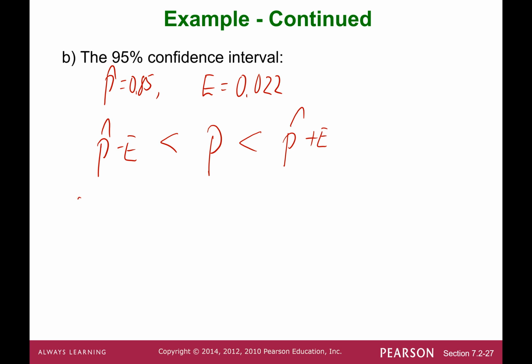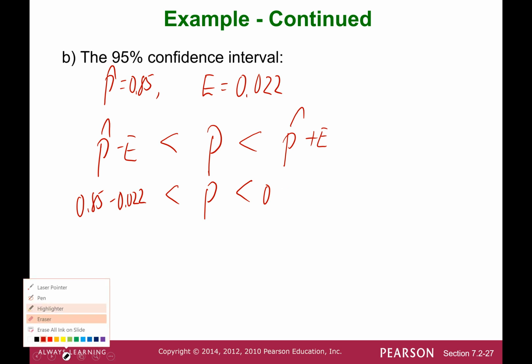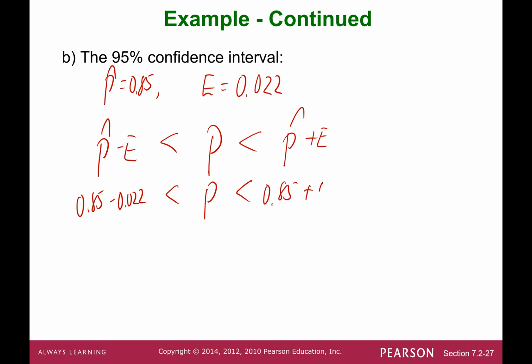Let's plug in the numbers: 0.85 minus 0.022 less than p less than 0.85 plus 0.022. If you do the calculation, the lower limit is 0.828 and the upper limit is 0.872.